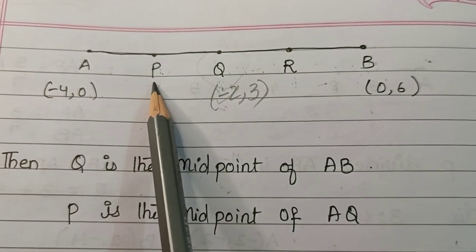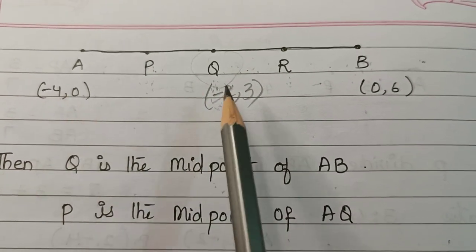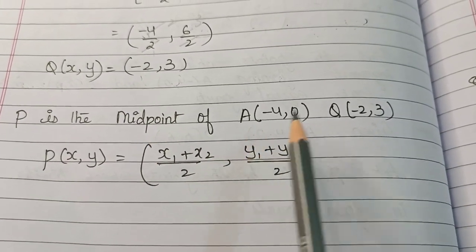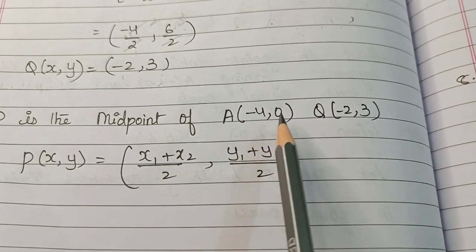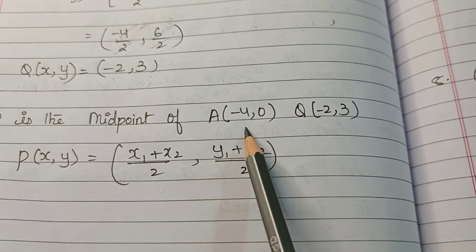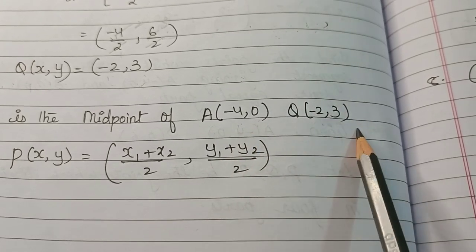Now we got these two values, so we can find the P value. P is the midpoint of A and Q. A point is (-4, 0) and Q is (-2, 3). This is x1, y1, x2, y2.